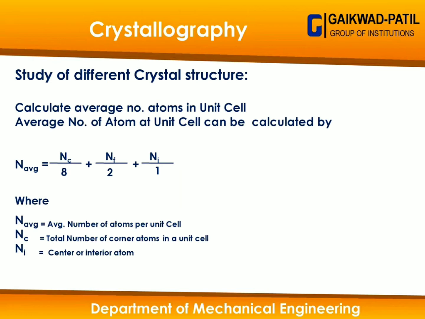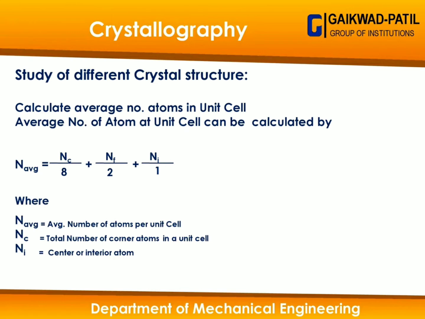Now let's understand how that formula evolved. When we see the structure of a unit cell, like a cubical crystal structure, one cube has 8 corners. So 8 corners are occupied by 8 atoms. That's why NC is divided by 8. Then NF divided by 2, the number of atoms at the face.